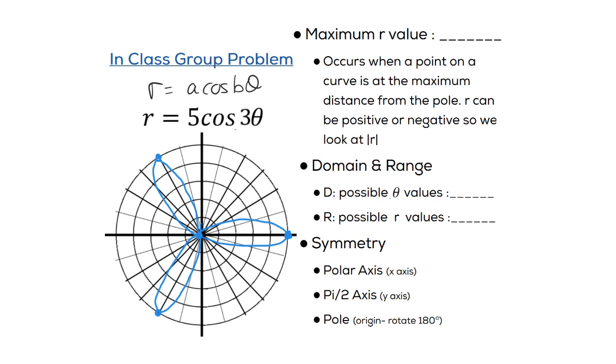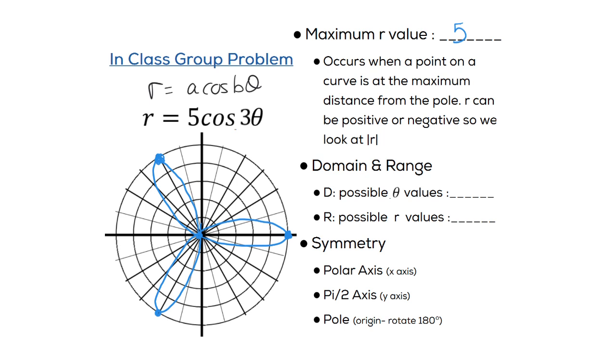Okay, so let's talk about the parts of this and how we analyze a rose curve. The maximum r value is the farthest out you ever get from the pole, and you can see in the graph, the farthest out you get is 5. It occurs when a point on the curve is at the maximum. Sometimes you might have gotten to this maximum through a negative r value.